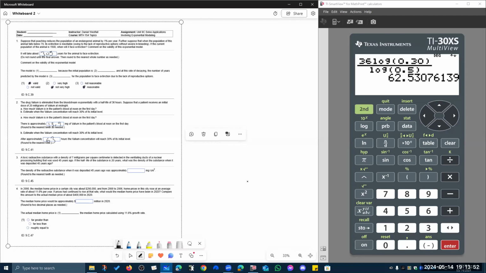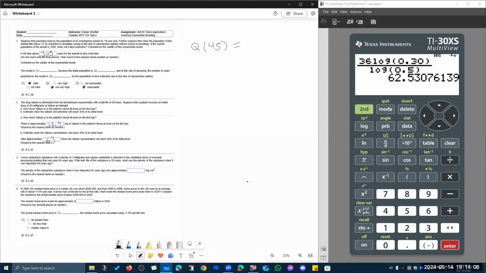What was the density of the substance when it was deposited 45 years ago? So Q of 45 is equal to 7. We want to know Q of 0 is equal to what?